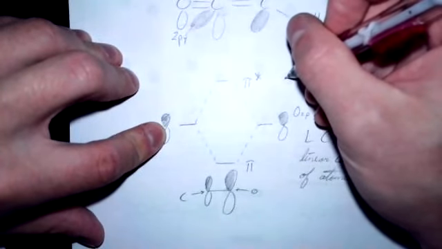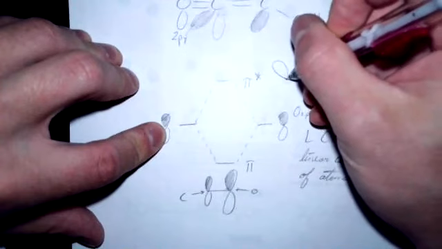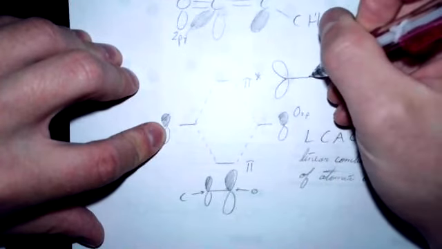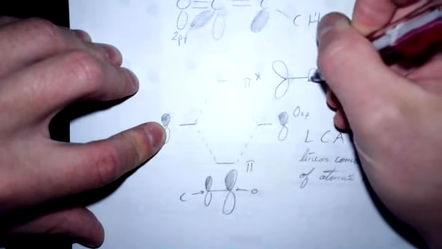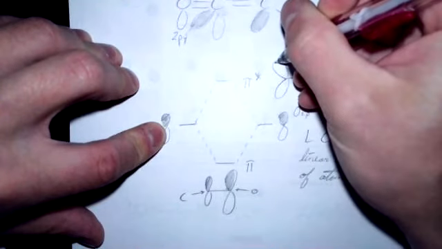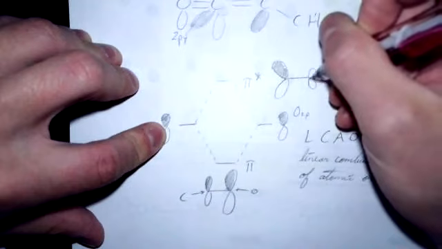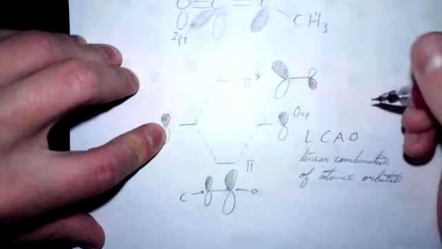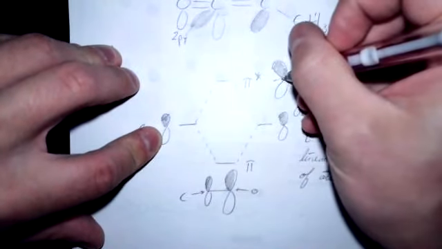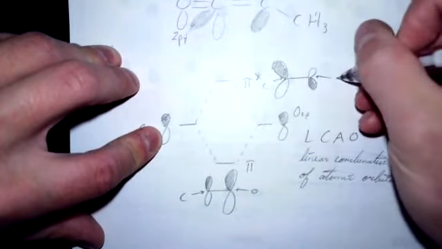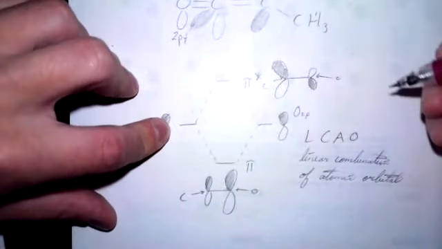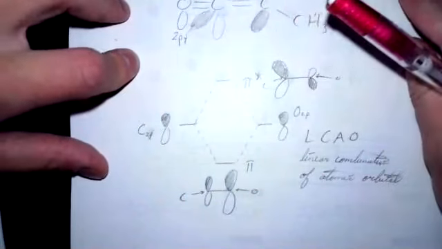So there's the axis connected. Let's see, the phases are now off. And this is again carbon, and this is the oxygen atom. Drawing points. Okay.